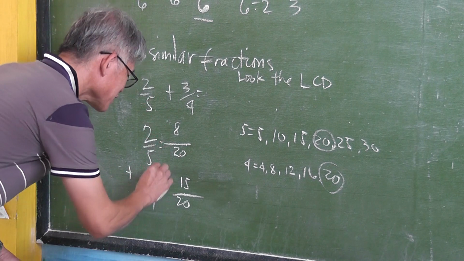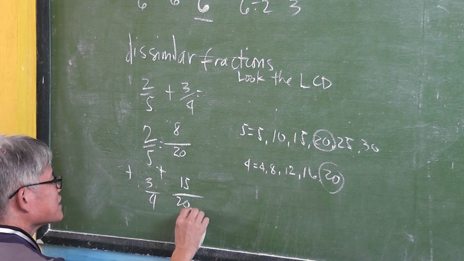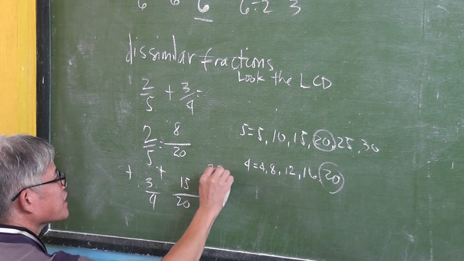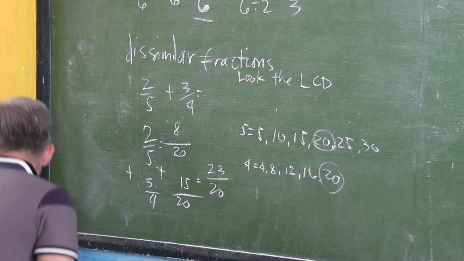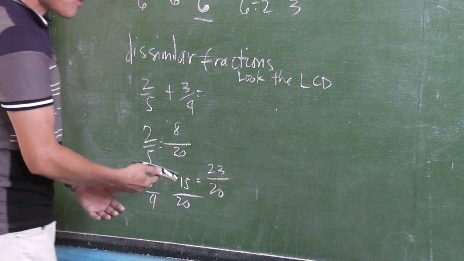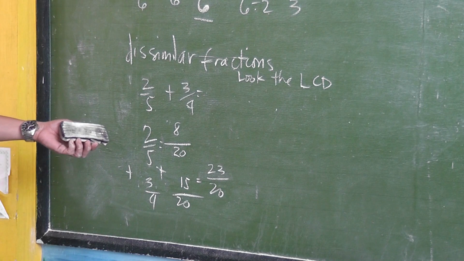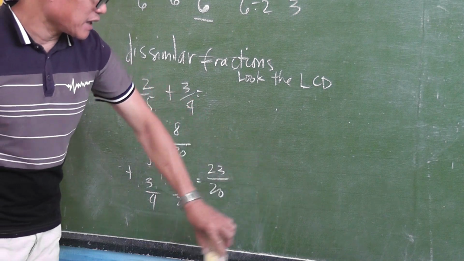We're going to add 8 plus 15 is 23 over 20. If our answer is an improper fraction, we're going to divide it, or simplify it.